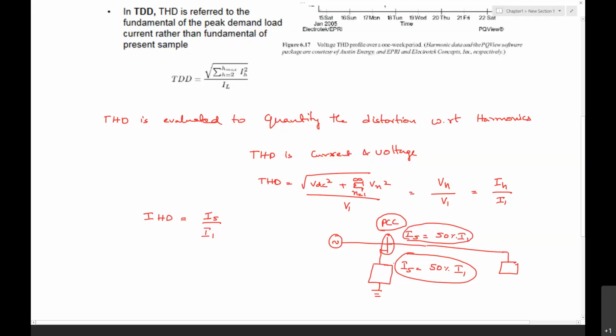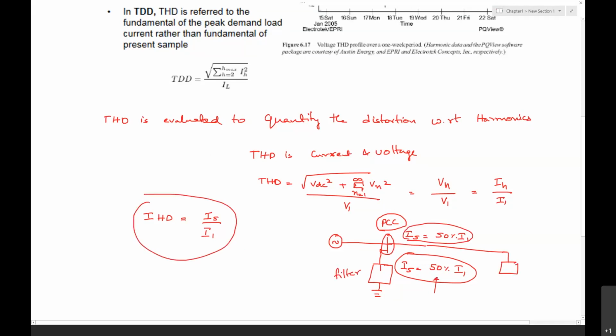They fixed this because the filter connected at the point of common coupling is rated for only 50 percent. Because of that, they go with the individual harmonic distortion.